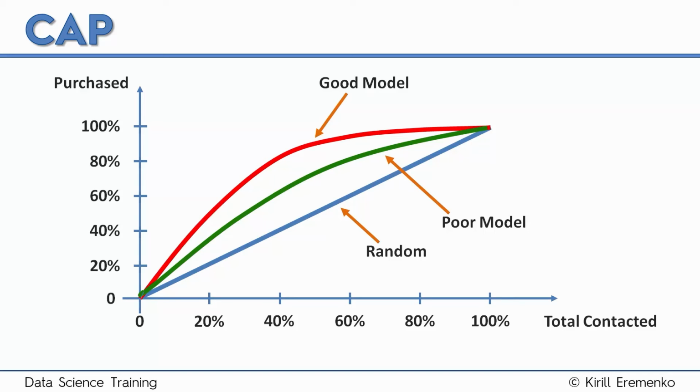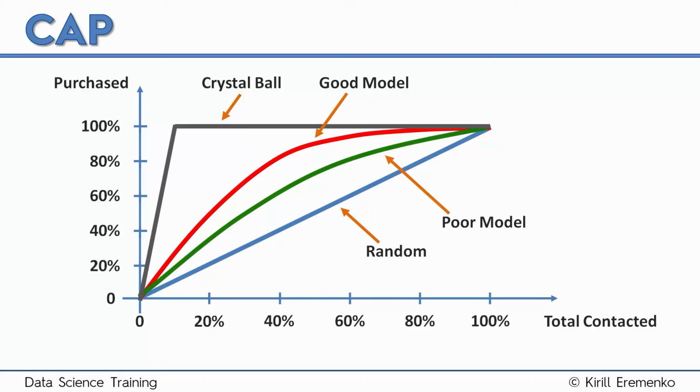And there's one more line that you can think of here, and it's this line. This line is the ideal line. This is what would happen if you had a crystal ball. If you could predict exactly who is going to purchase and contact those people, this is what it would look like. Why? Well, if you look at the place where that spline occurs, you will see that it's exactly 10%.